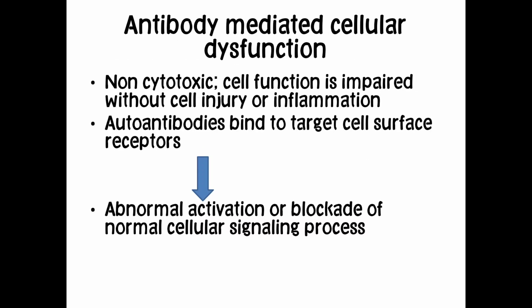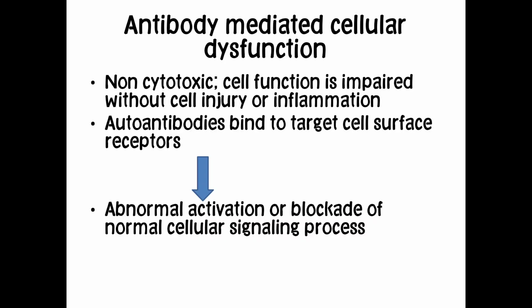More so, another mechanism is known as antibody-mediated cellular dysfunction, and here the antibodies bind to the target cell or target tissue, and they do not cause any harm. They do not destroy it, they do not kill it, or they do not cause inflammation in any way. But what they do is cause dysfunction, and dysfunction can be either hyperfunction or hypofunction.